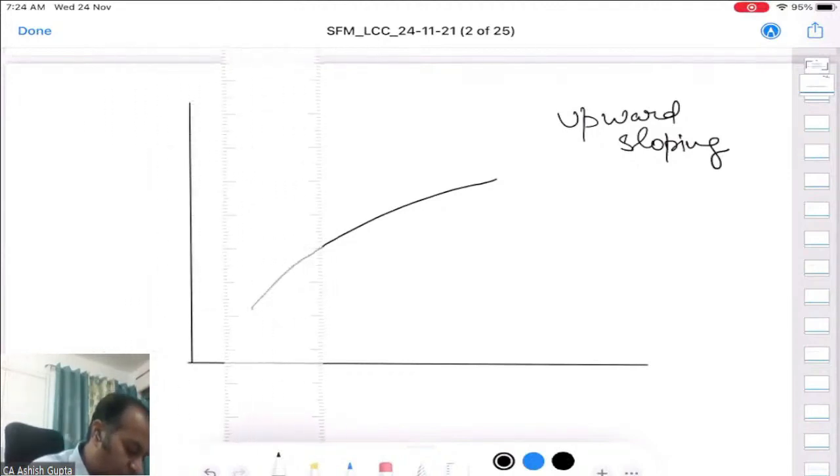suppose we want to compute the value of the bond.